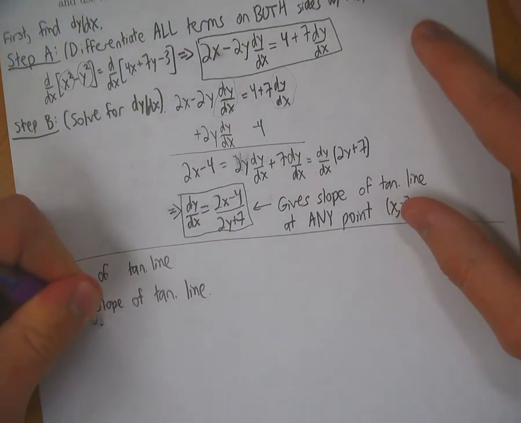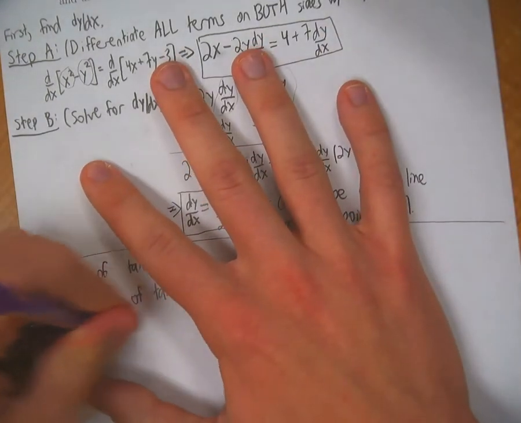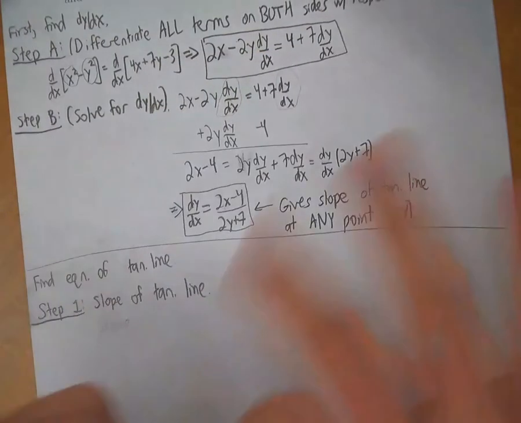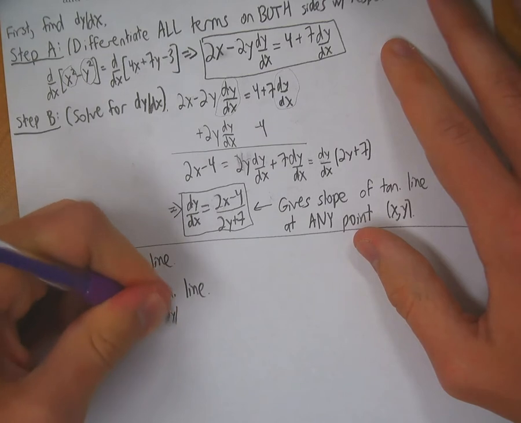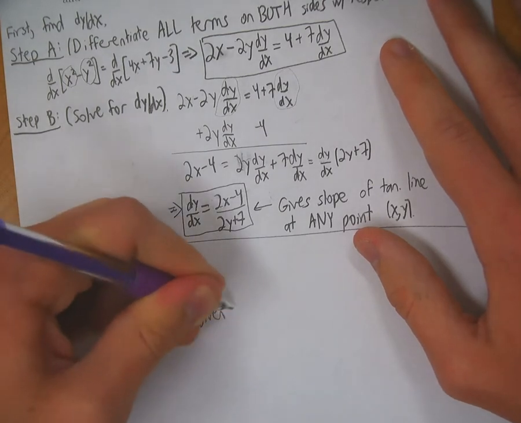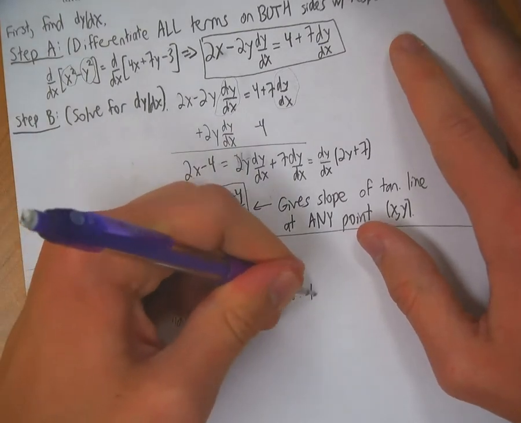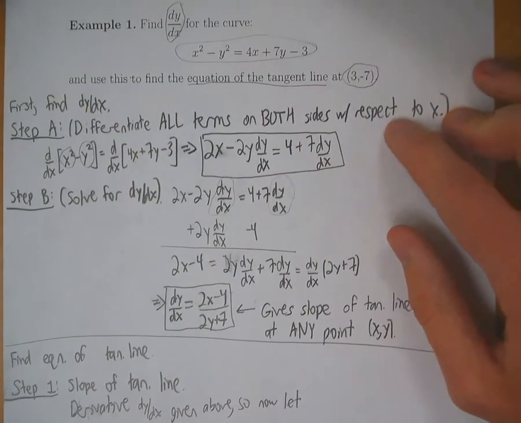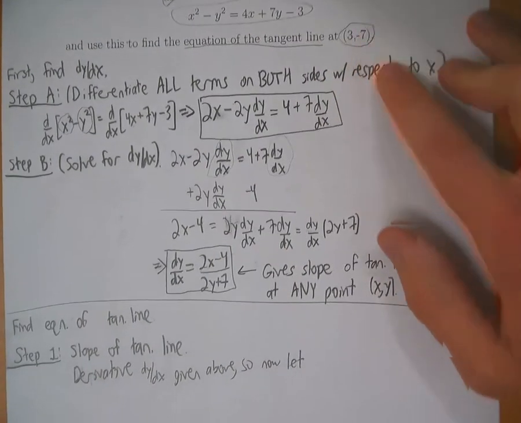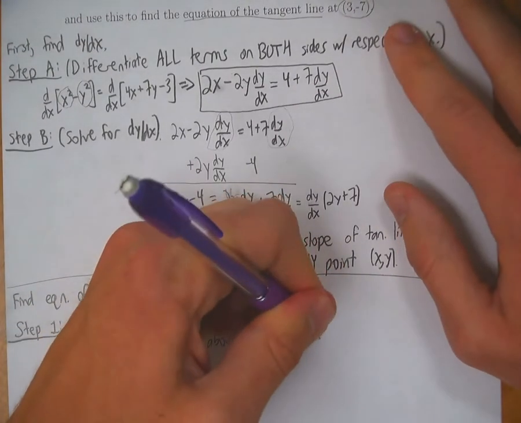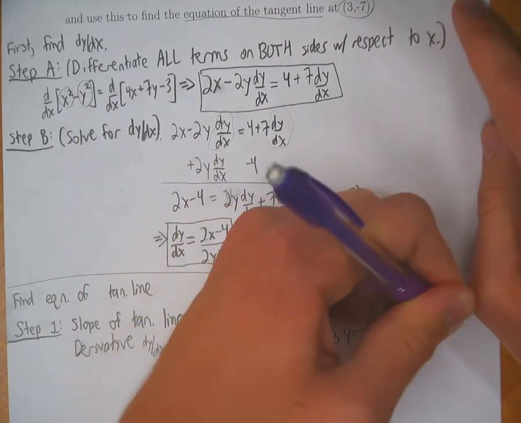Now all we've got to do is plug in our point to get the corresponding slope. Or I shouldn't say slope, I would say derivative, dy over dx, given above. So in this case, we let x equal 3 and y equal -7 to get the slope.